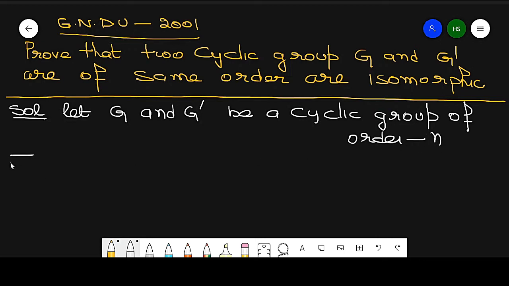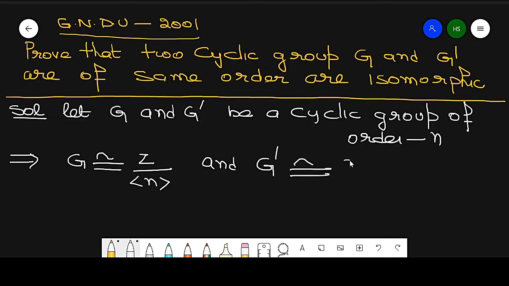Then it implies G is isomorphic to Z generated by n and G dash is isomorphic to Z generated by n. So that is by the previous question.